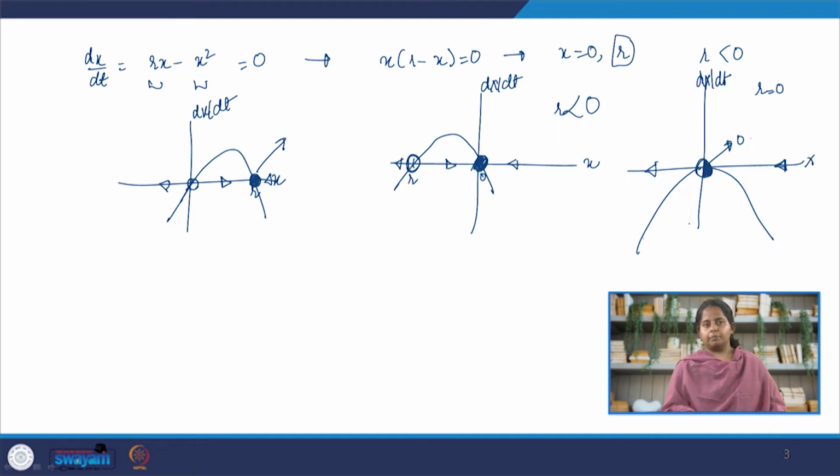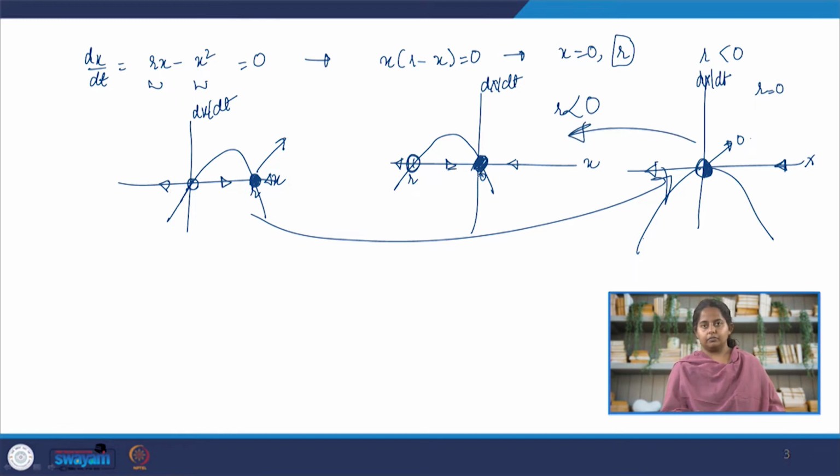So, notice what happens here. Unlike saddle node bifurcation, when the two fixed points collapse into one, and then we keep changing the value of r, the fixed points do not disappear. In saddle node bifurcation, the fixed points were disappearing. What is happening is one fixed point is always there, which is 0.